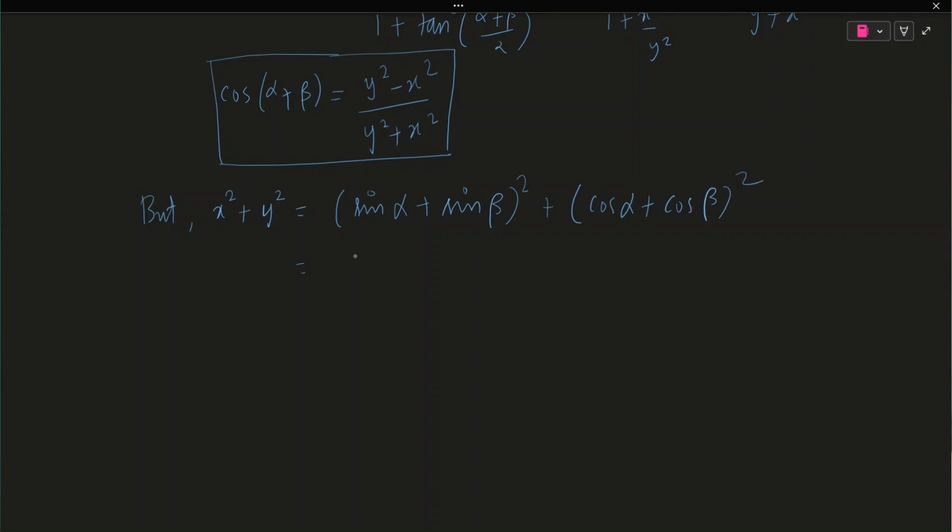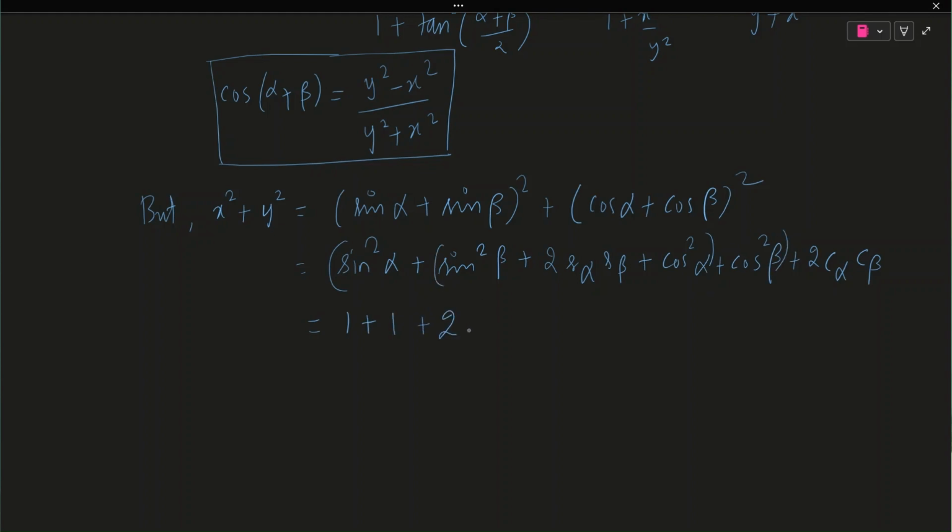So this would end up with sine square alpha plus sine square beta plus 2 sine alpha sine beta plus cos square alpha plus cos square beta plus 2 cos alpha cos beta. So we all know that sine square alpha plus cos square alpha is equal to 1, and sine square beta plus cos square beta is equal to 1.